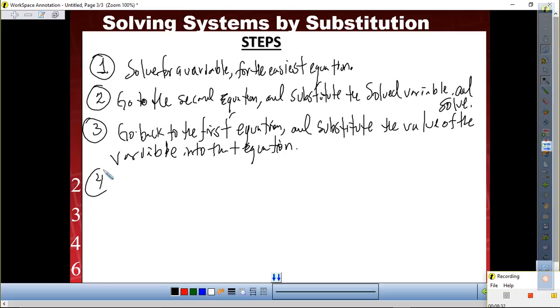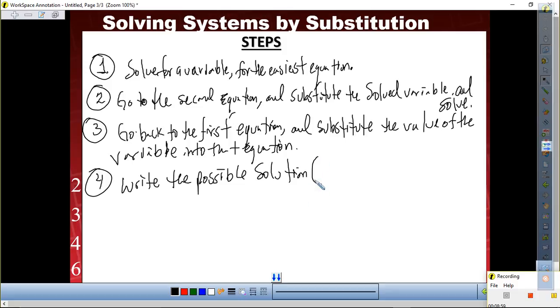Step 4. Carson, what was step 4? What's the X and Y? I don't know how to explain it. It's a solution. Okay. Write the possible solution. In parentheses, what is it called?